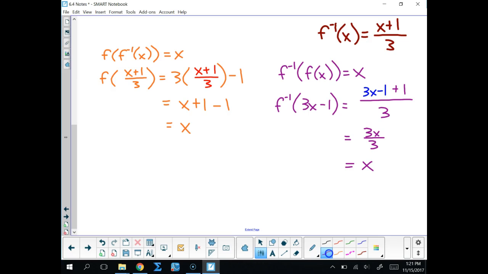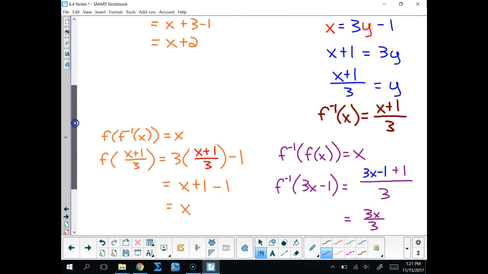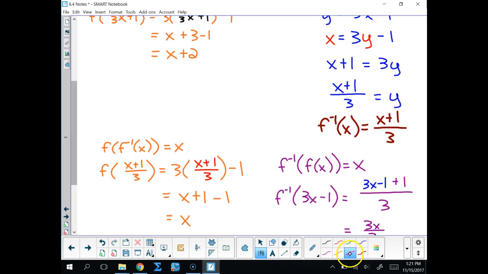So we verified now that what we learned from yesterday does in fact give us the inverse functions. I put the inverse into f, and I should get out x. Then I put f into the inverse, and I should get out x.